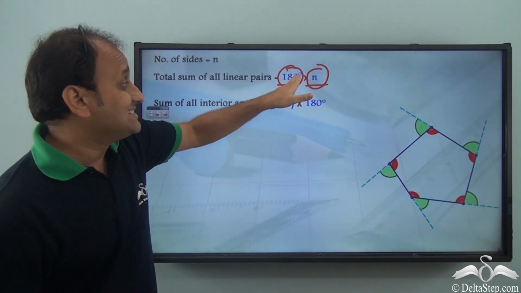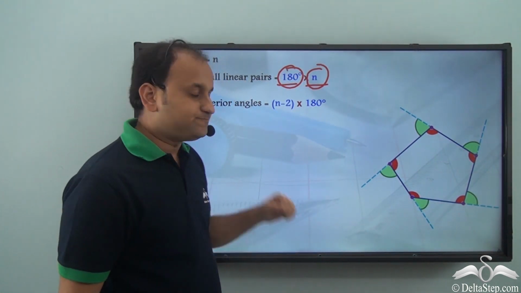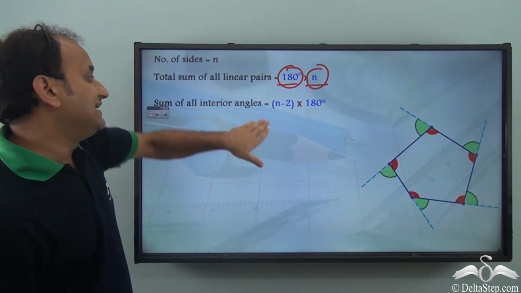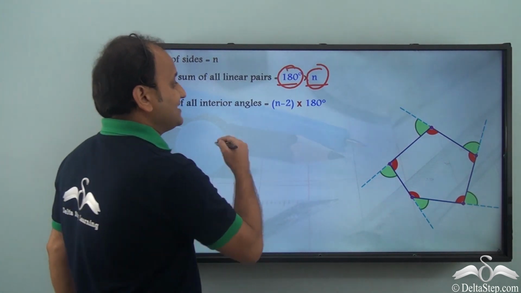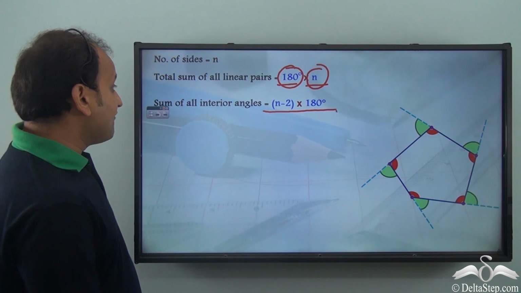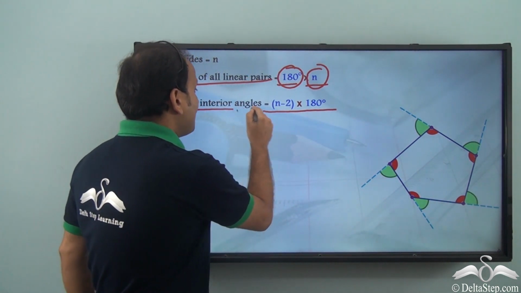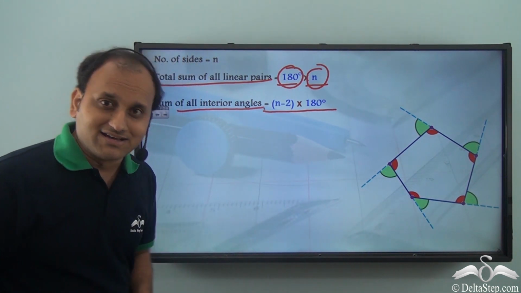So 180 degrees into n is the total sum of all linear pairs, and the sum of all interior angles we know is (n minus 2) into 180 degrees. So we have the total sum of all linear pairs and we have the sum of all interior angles.